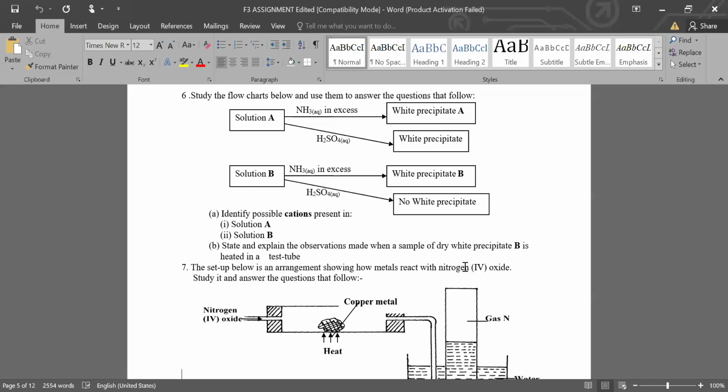What observations are going to be made in that case?